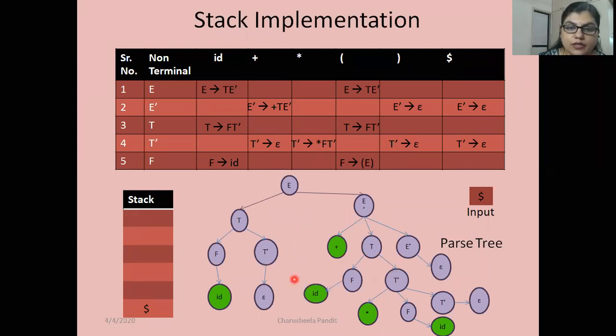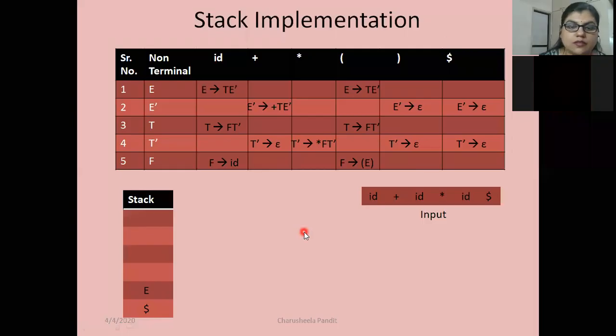Now, if you have understood this, then I'll proceed further. Now we'll see how the compiler generates the parse tree. So the compiler takes the help of a stack and the parsing table to generate the parse tree.